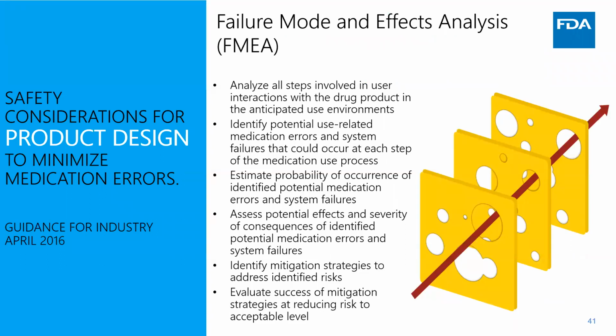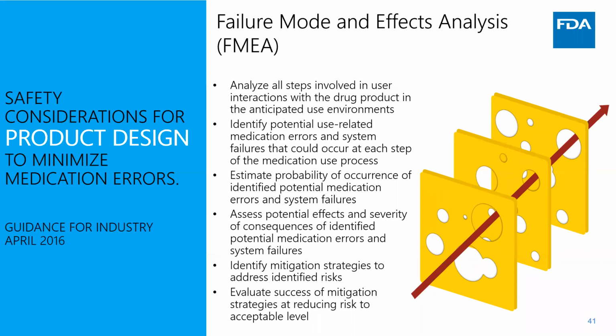So failure mode and effects analysis, or FMEA, is a type of proactive risk assessment that should be applied early in a drug development program in order to build safety into the product design and throughout a drug product's life cycle. It's a systematic evaluation of a proposed product within the medication use system, and it considers everyone in the medication use process.